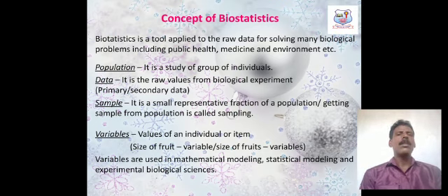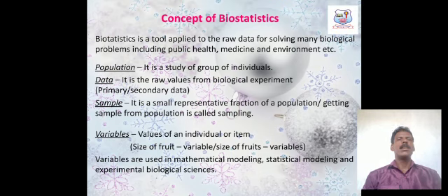In case of population study, you can utilize the method for studying a group of individuals from the population. So population means the study of the group of individuals from the entire population.